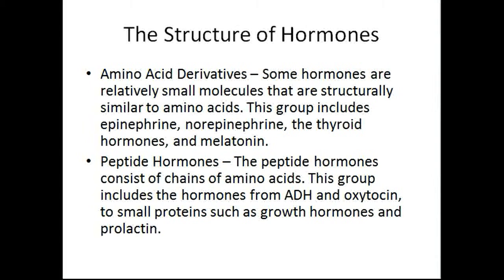Peptide hormones. Peptide hormones consist of chains of amino acids. This group includes hormones such as ADH and oxytocin to small proteins such as growth hormone and prolactin. ADH we will learn about somewhere here, I think when we go over the pituitary gland, because I remember typing it out.